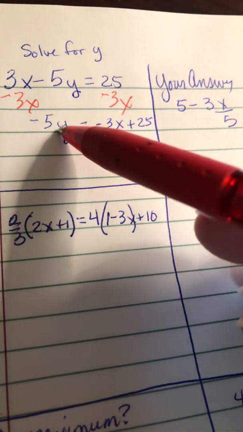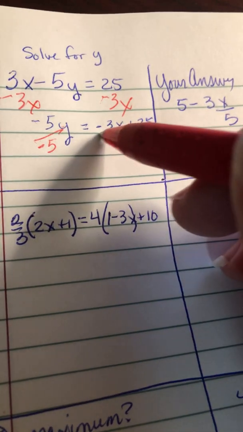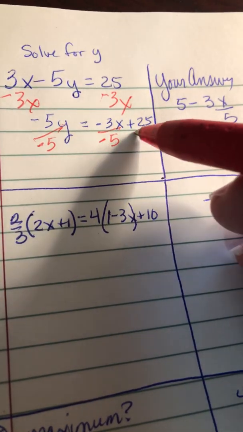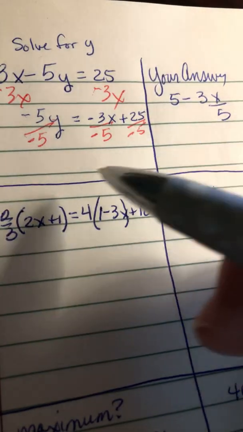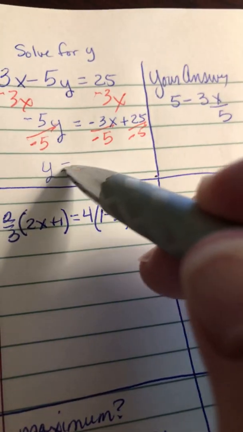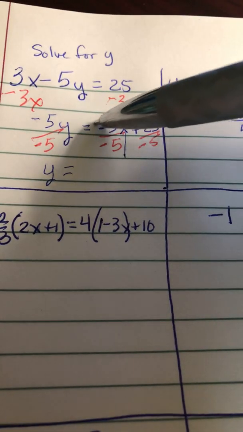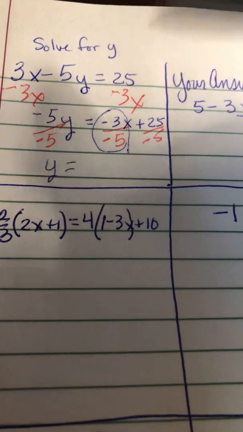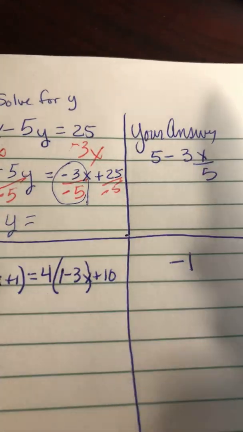And then we need to get y alone, so we're going to divide by negative 5. And everything in the problem will get divided by negative 5. And when we do that, we have the y here, and then a negative divided by a negative. Whenever you have two negative signs, they actually become positive.